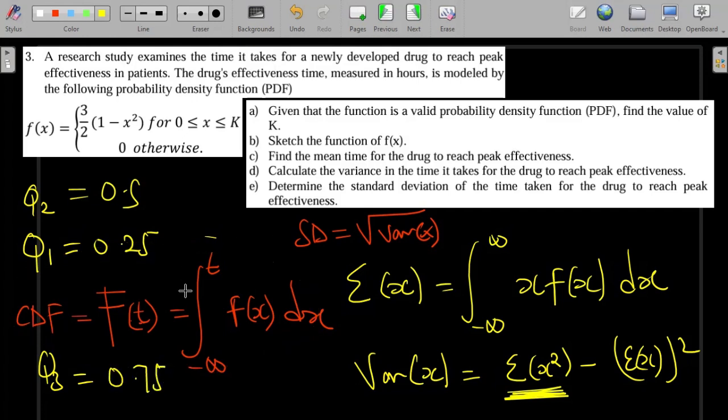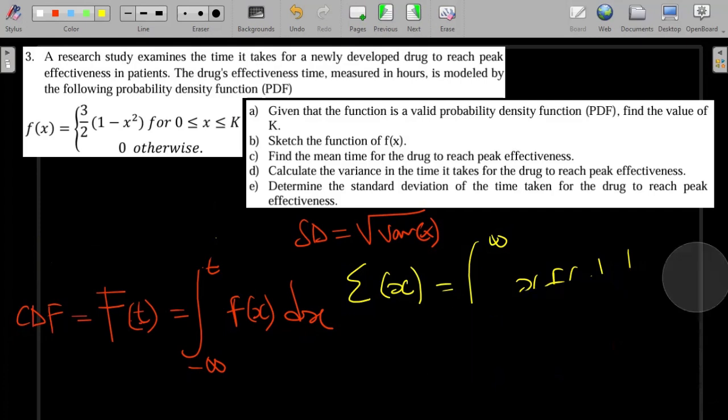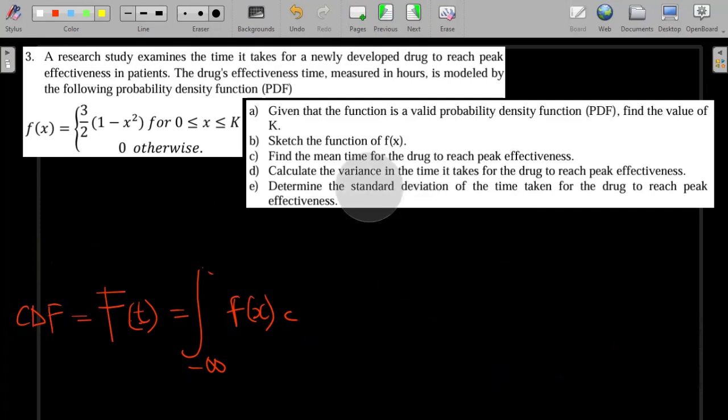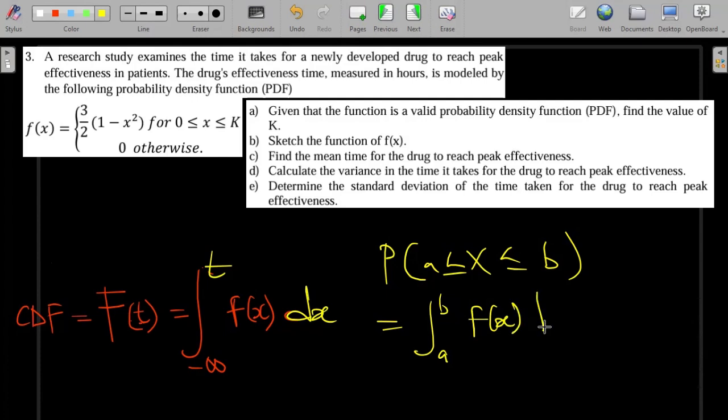And then the other thing can be the formula for finding the probability. Let's say I'm finding the probability that X is between maybe a and b. This is the same as the integral from a all the way up to b of f(x) dx.